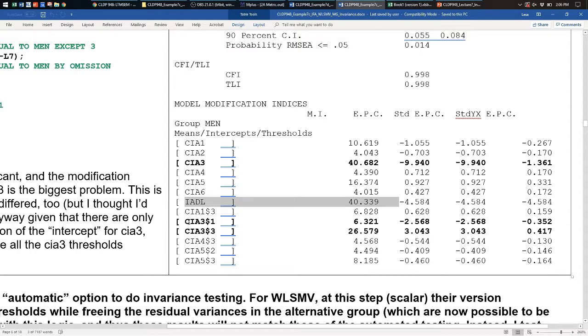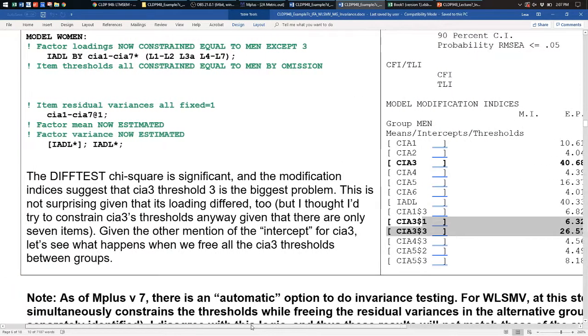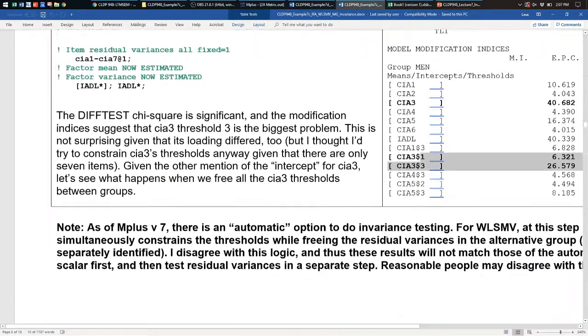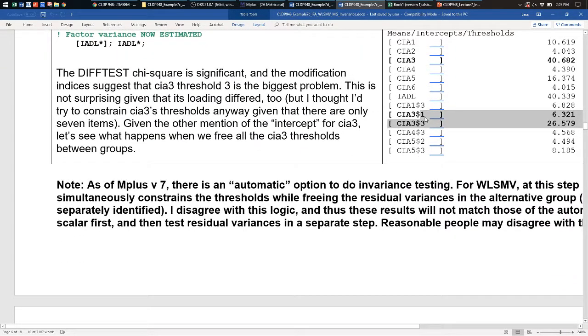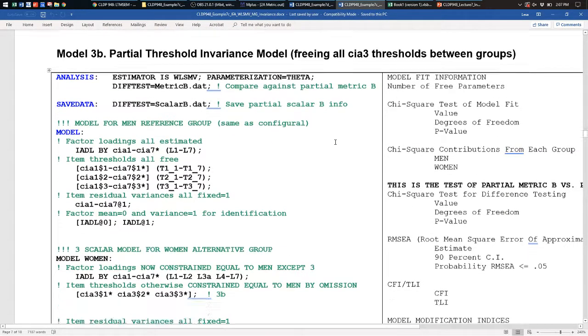But what we can do is think about these two as being, well, yeah, we kind of saw this coming. Since 3's loading is very different, thresholds could be different because of that, so we'll go ahead and let item 3's thresholds be free. I have a note here at this point that I'm going to come back to, but I don't want to introduce that just yet.